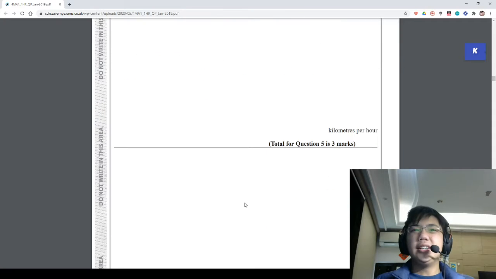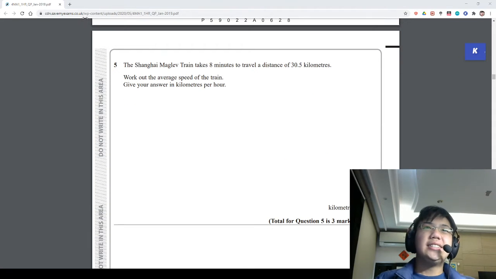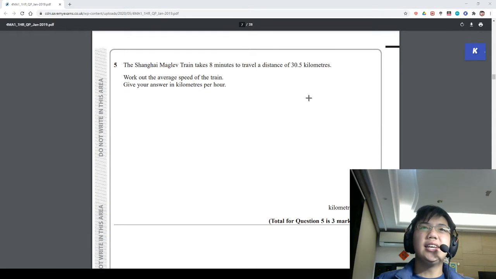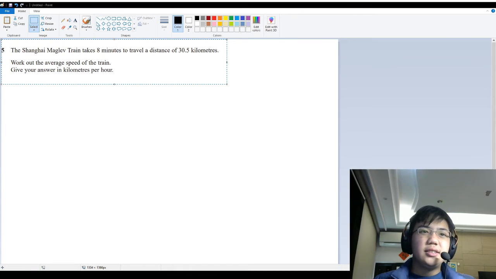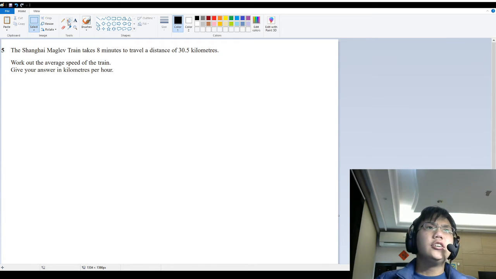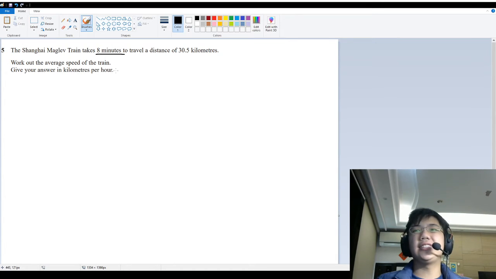Question 5. The Shanghai Maglev train takes 8 minutes to travel a distance of 30.5 kilometers. Work out the average speed of the train. Give your answer in kilometers per hour. Now, how we solve this is firstly to find out how many hours 8 minutes can convert into.